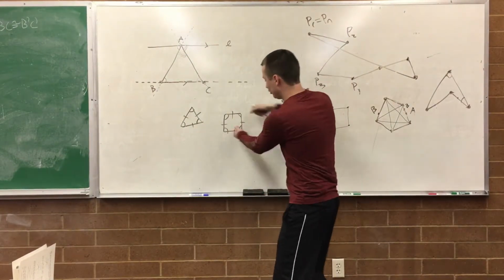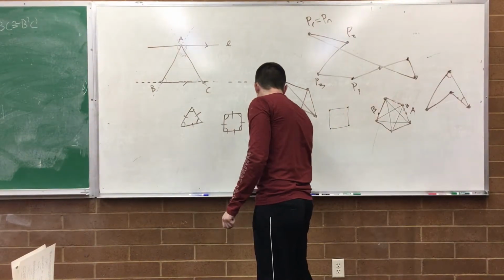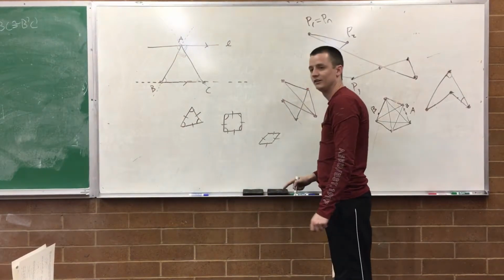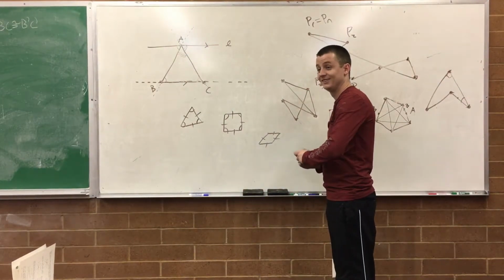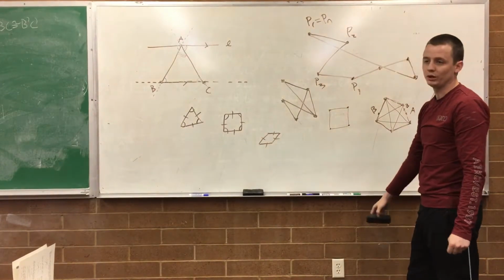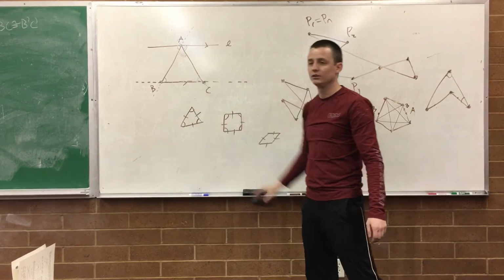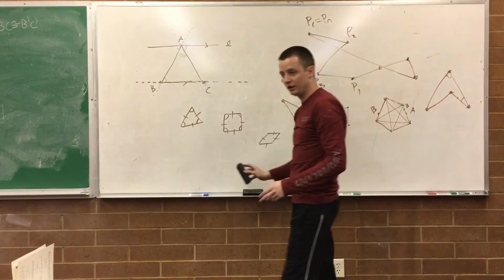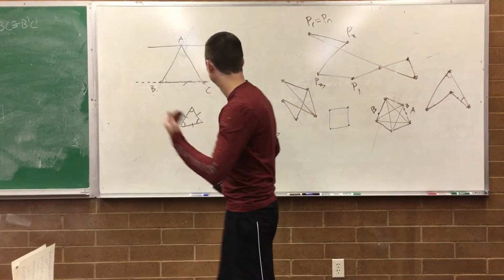No! Because I could shift that thing. I could have drawn it like this. It's called a rhombus. So don't be tricked. Equilateral does not mean equiangular. It does in the case of a triangle, but it doesn't in general. So you understand the difference between equiangular and equilateral?